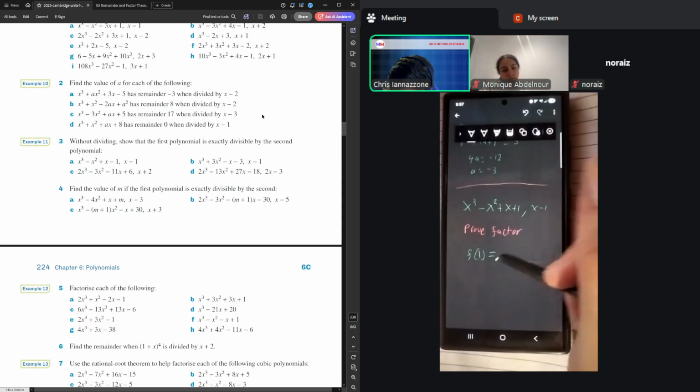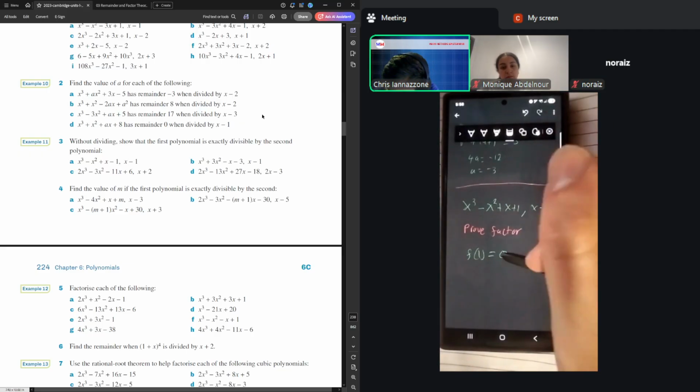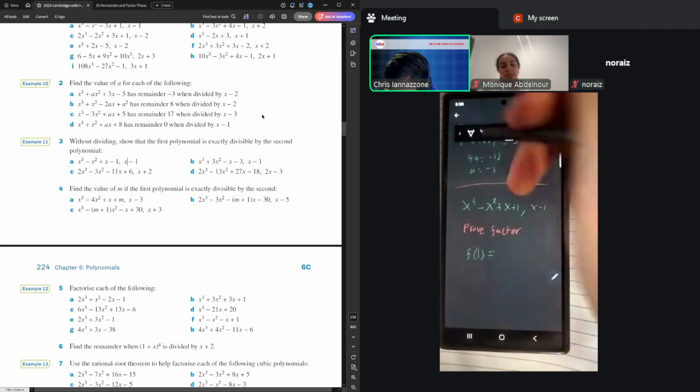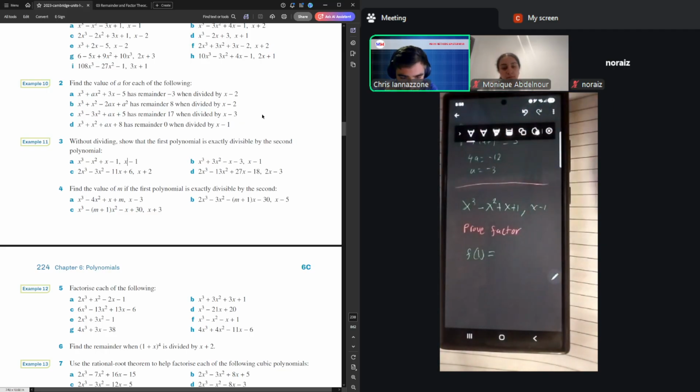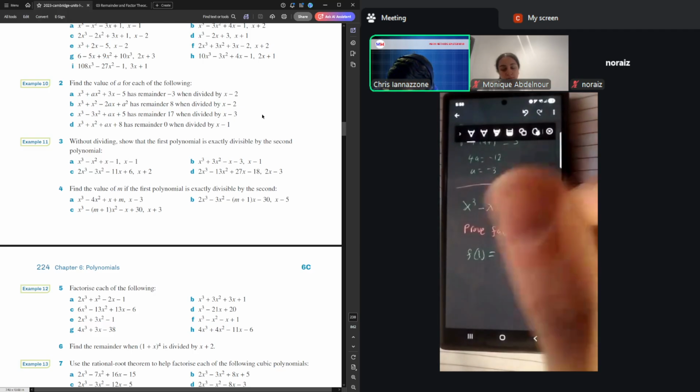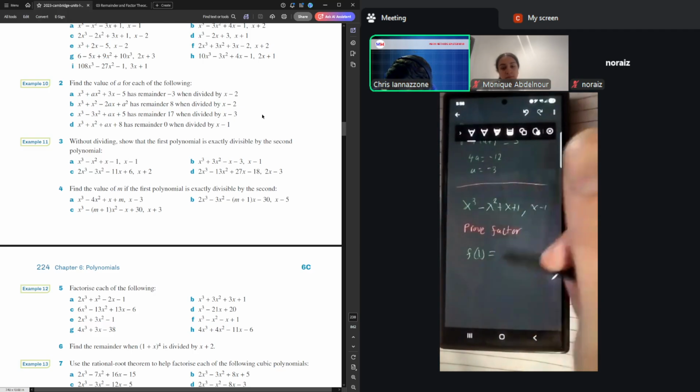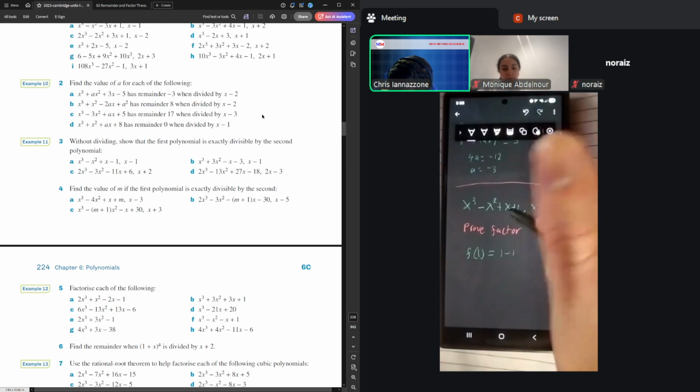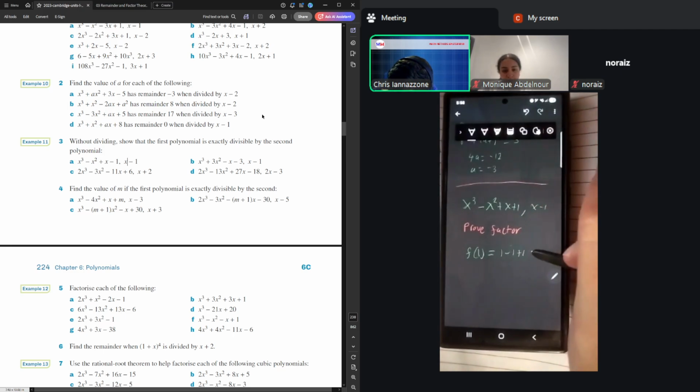As a slight nuance, I probably, in my working out, wouldn't immediately make it equal 0. I would just sub it in, and then when my final answer becomes 0, I would say, therefore, we have made a factor. Just a small nuance on how you might actually write your answer in an exam or SAC scenario. But yeah, 1 cubed is 1, 1 squared is 1, x is 1.